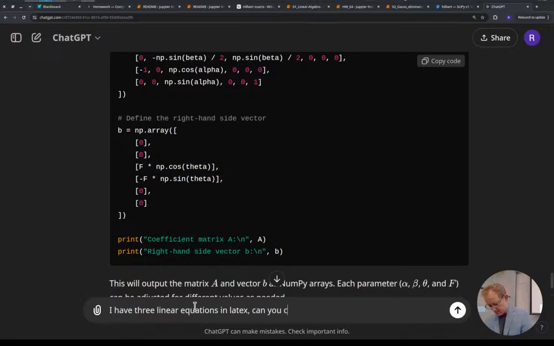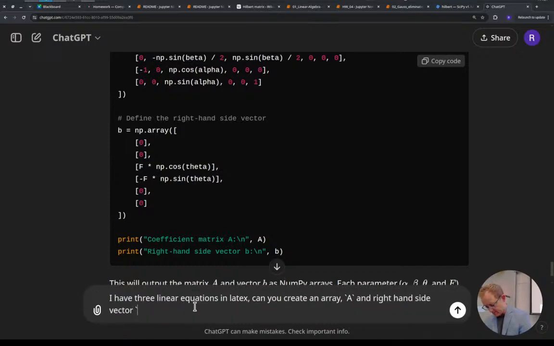Can you create a matrix? No, I want an array A and right hand side vector B for NumPy to solve a linear algebra problem.